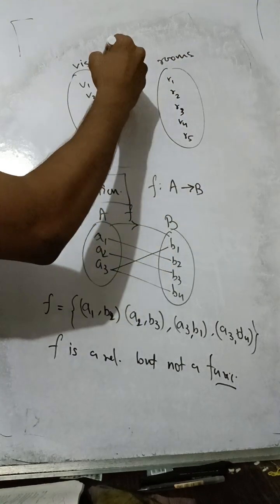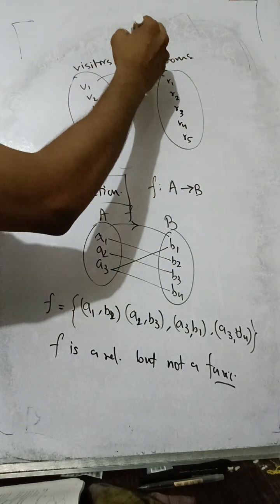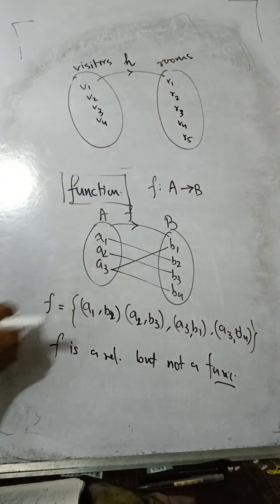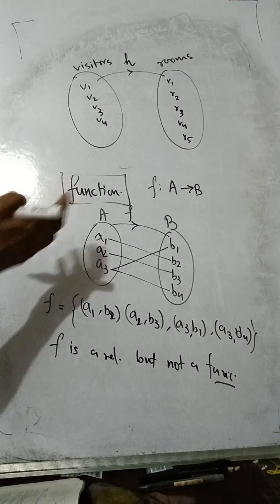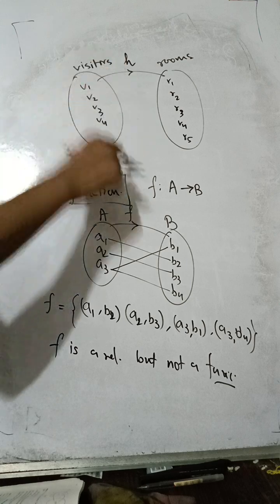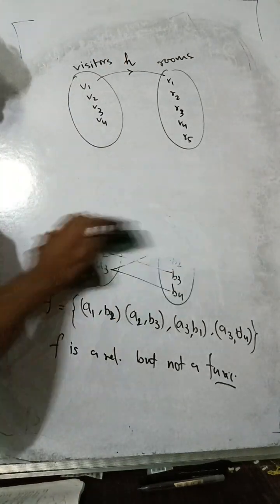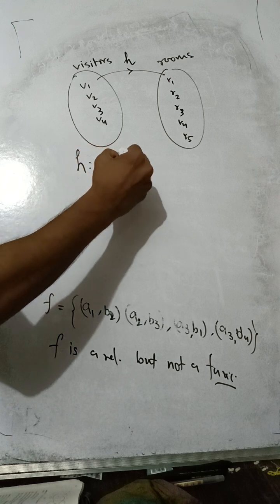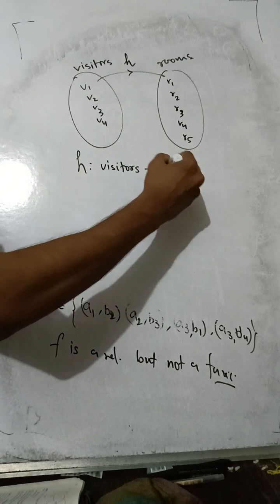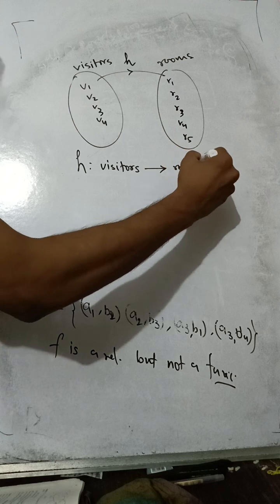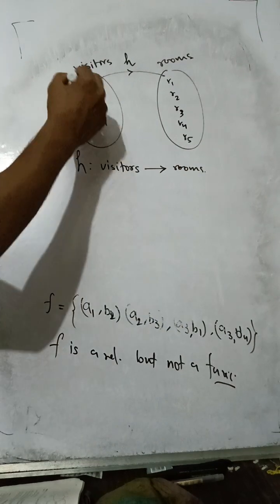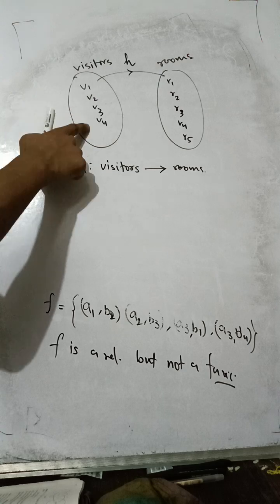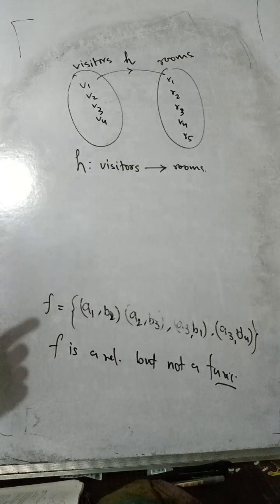Suppose this is the function h. What is h? h is a relation from the set of visitors to the set of rooms. Now if h has to be a function, each visitor should move into exactly one room.